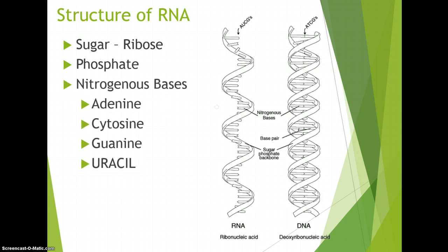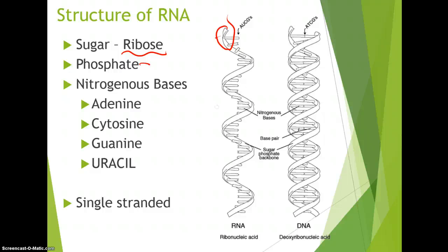Now we start to look at the structure of RNA. We talked about the structure of DNA, and they are similar, but there are some differences. First, with RNA, we still have that backbone of a sugar and a phosphate, but our sugar is ribose. Our phosphate is still the same, but ribose is there instead of deoxyribose. That's why it's RNA, ribonucleic acid, instead of DNA, deoxyribonucleic acid.